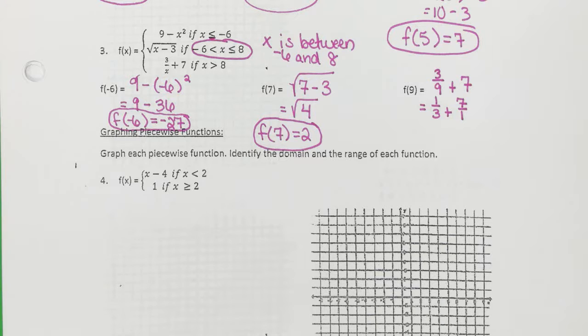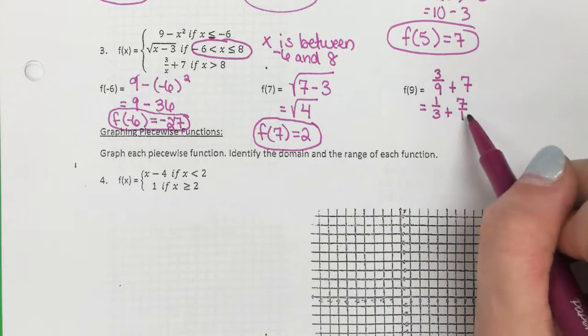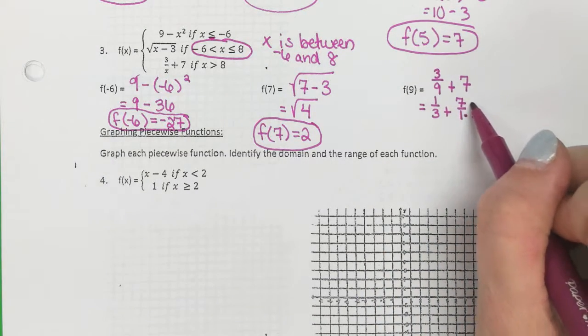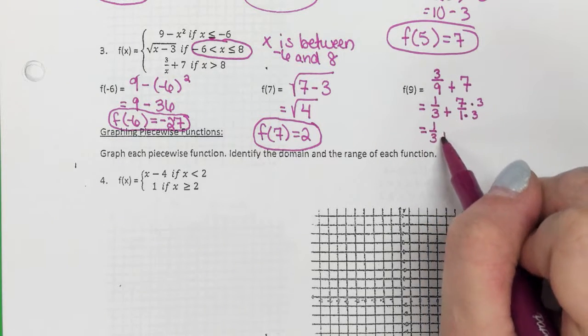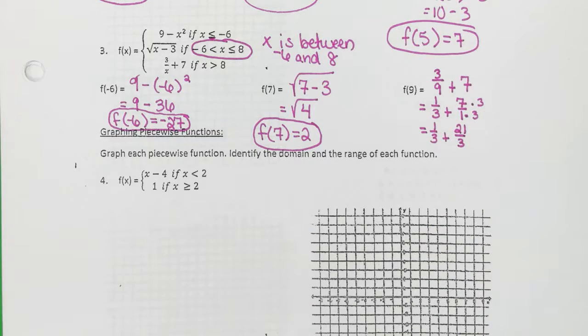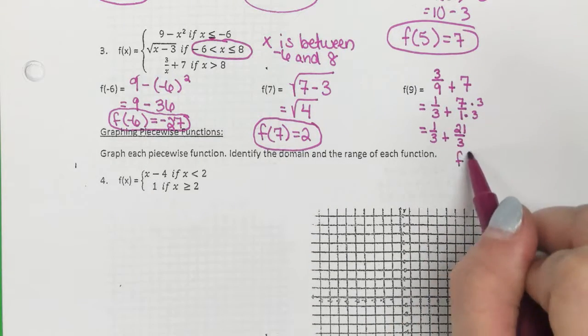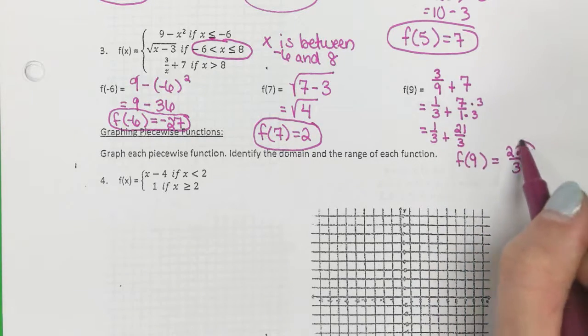But 7 1/3 is not going to help you. The improper fractions are. So you need to make these have a common denominator. So you're going to multiply it by 3. And so you would get f of 9 is equal to 22 over 3.